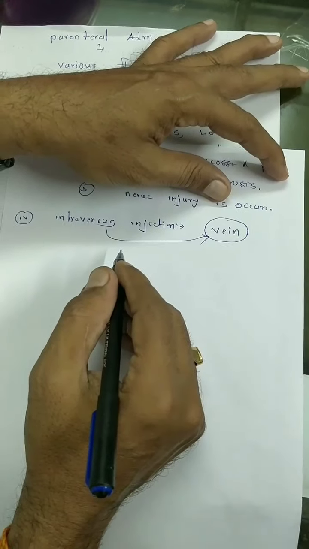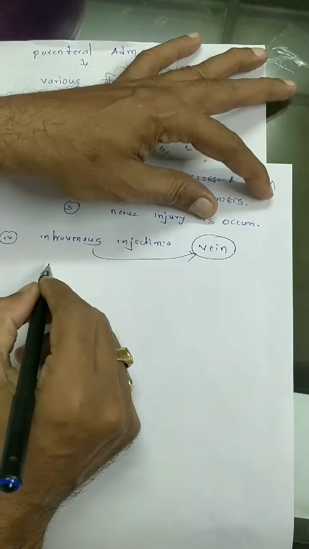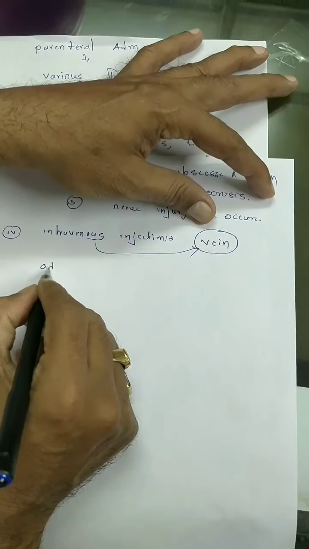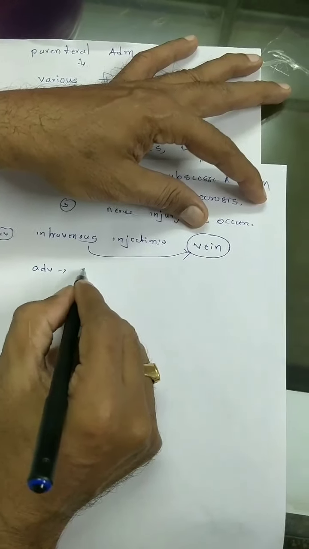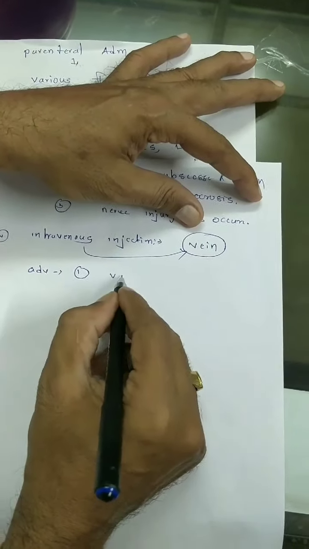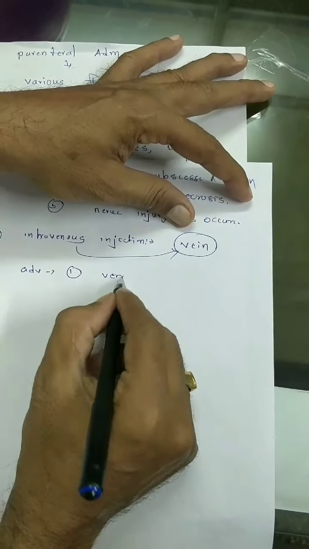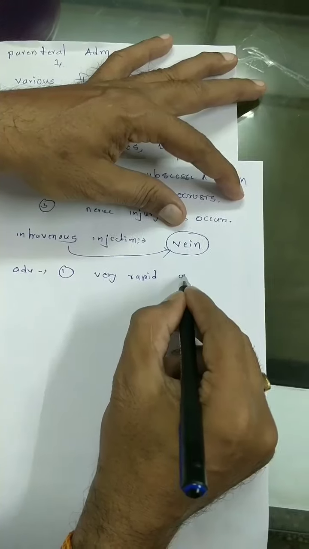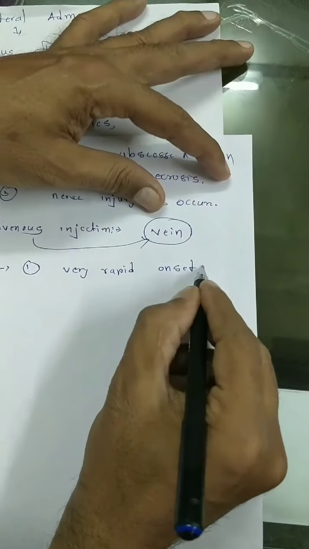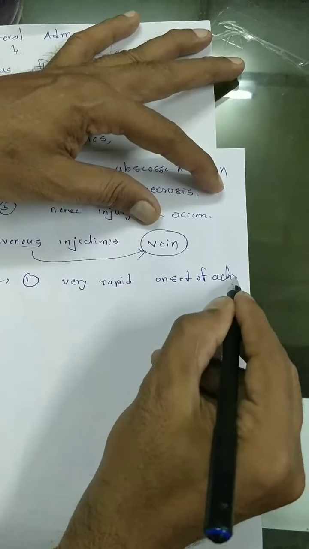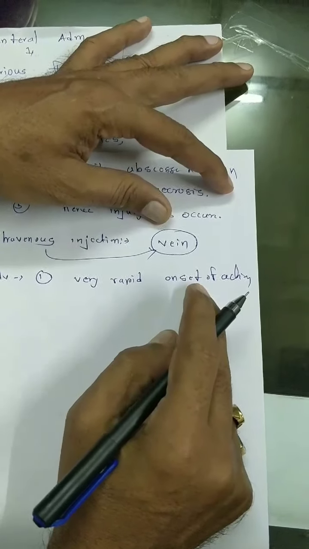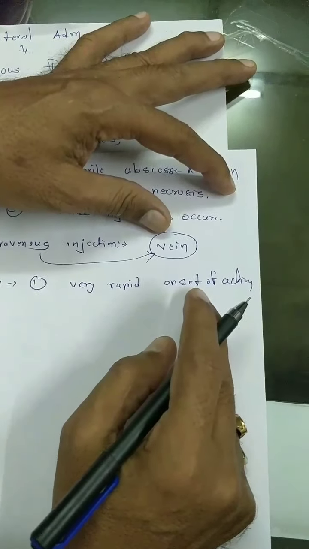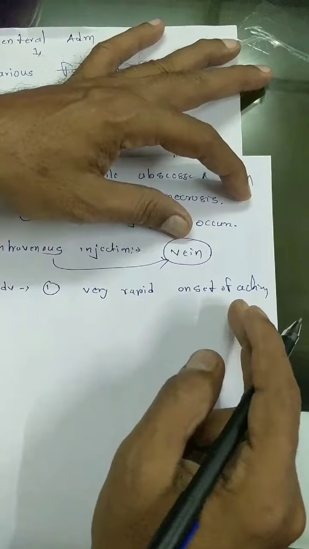A large quantity of solution you can pass by this route. Advantage: very rapid onset of action, because it enters directly into the blood through the vein. That's why the onset of action is rapid. Immediate effect is produced.